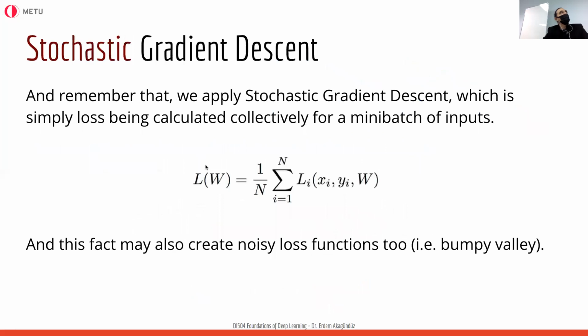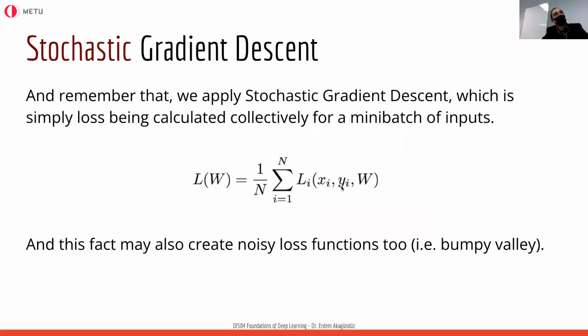So the first improvement is stochastic gradient descent. Stochastic gradient descent is very simple. Instead of a single sample, you use multiple samples together and you calculate the loss as a sum of those multiple samples.